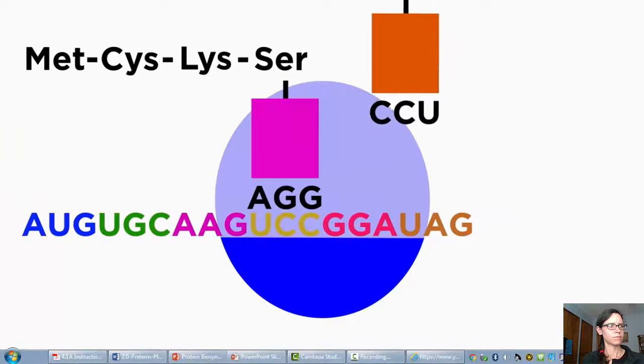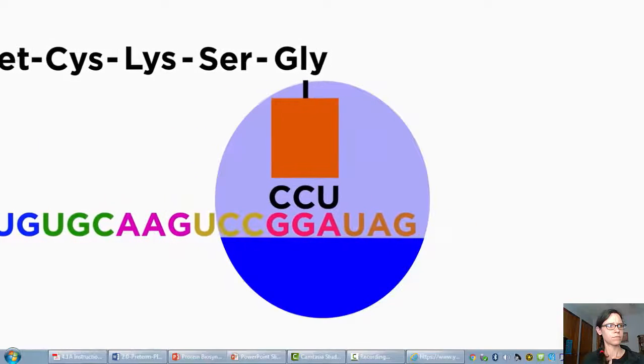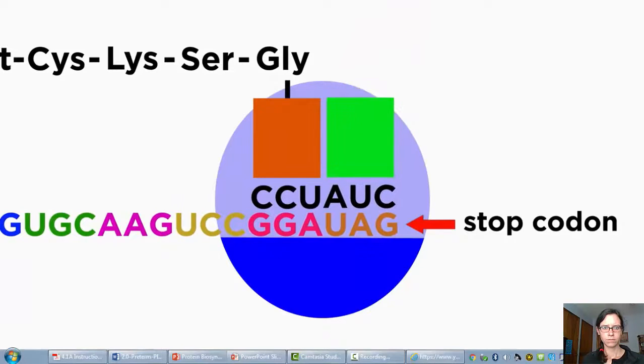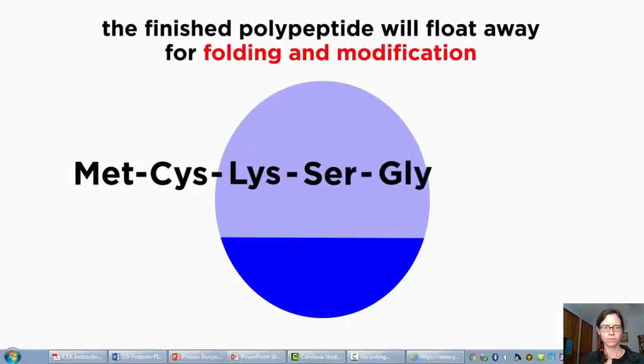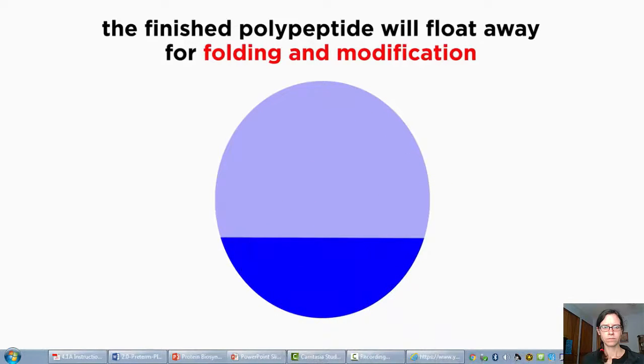As tRNAs enter and exit the ribosome in a sequence that is dictated by the codons on the mRNA, a polypeptide chain will grow. This continues until a stop codon is reached, at which point the completed polypeptide will swim away, most likely entering one of the cell organelles for folding and further modification.